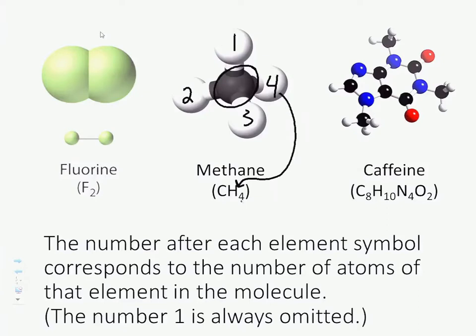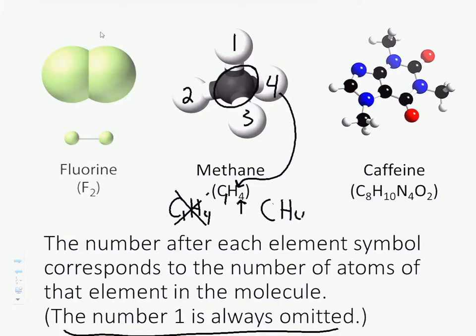And that's what gives us the subscript here of 4. Whereas carbon, there's only 1 of them, but the number 1 is always omitted. So you never actually write C1H4. It's always just written as CH4.